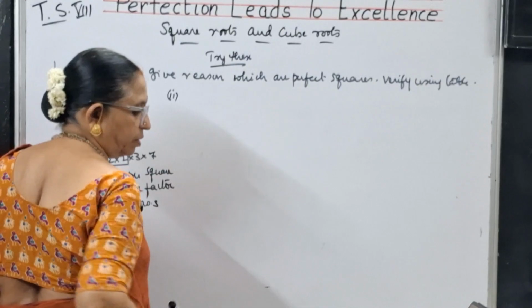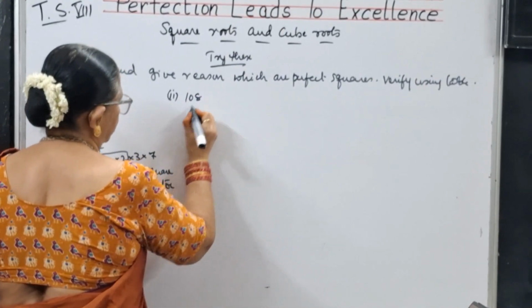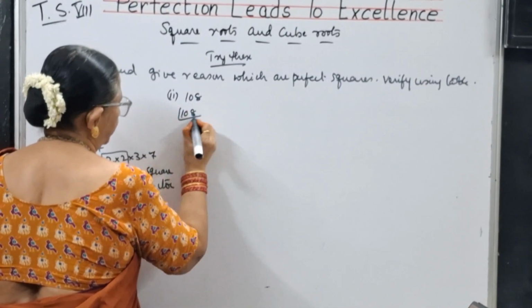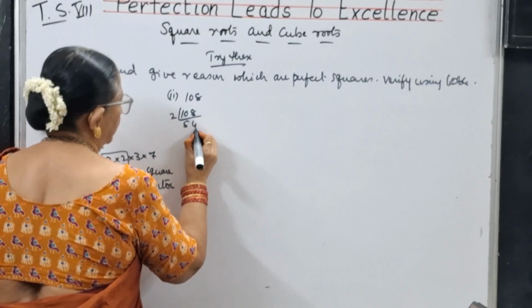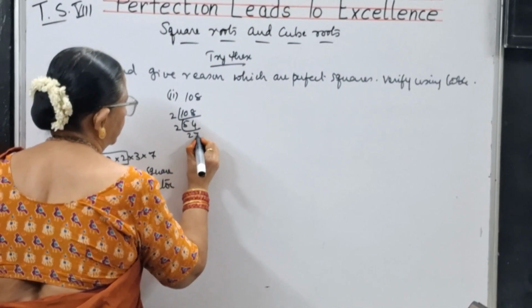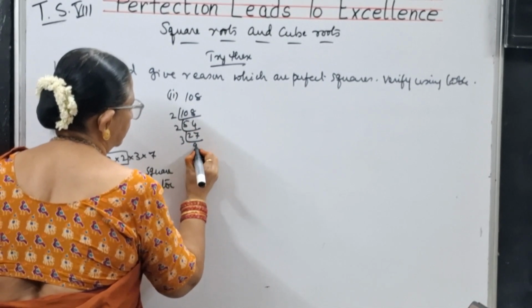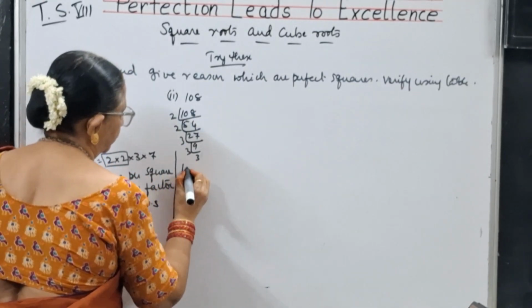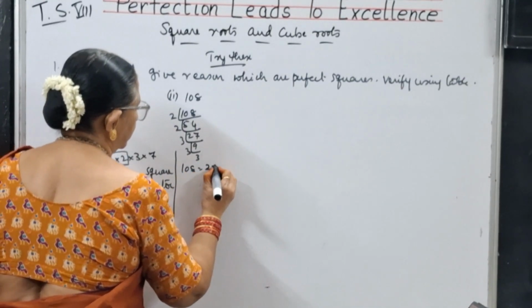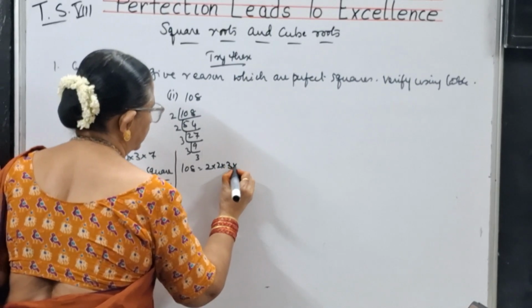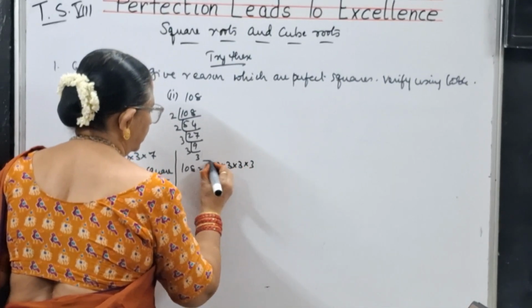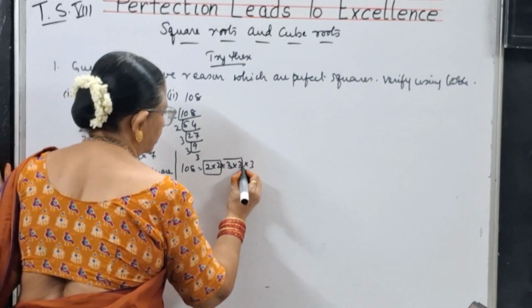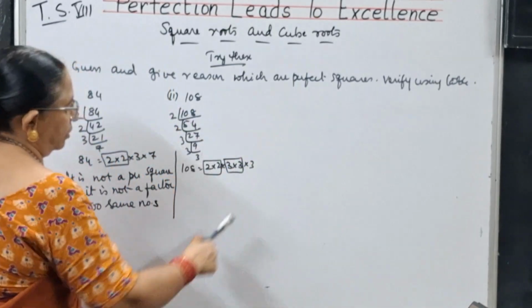Now second bit, 108. So take 108, go for prime factorization. 2 fives are, 2 fours are, 2 twos are, 2 sevens are, 3 nines are, 3 threes are. So see, 108 can be written as 2 into 2 into 3 into 3 into 3. So these two are of same values, but it is alone.